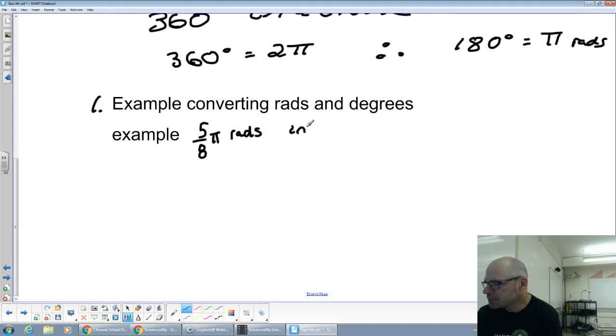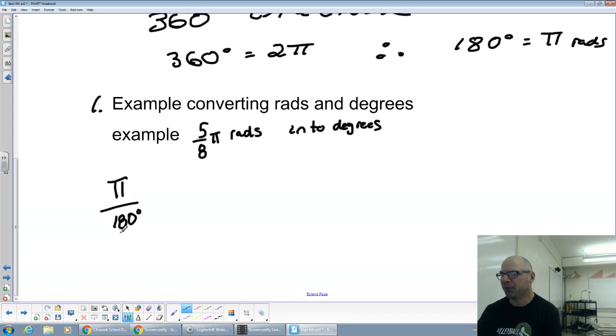The easiest way to do this is ratioing. We do a ratio of radians on top and degrees on the bottom: pi radians over 180 degrees. That's the relationship that we know from the circle.